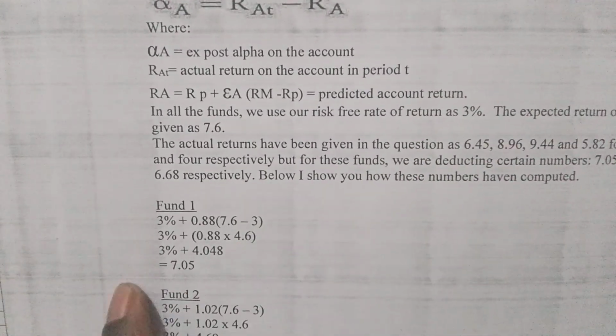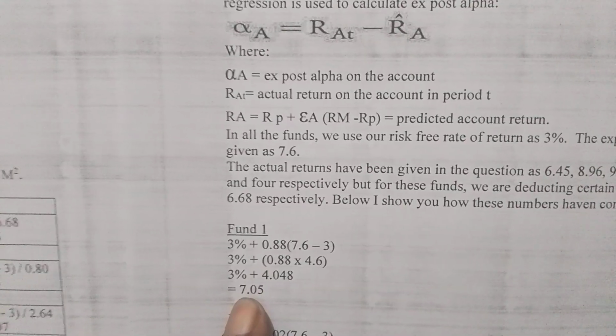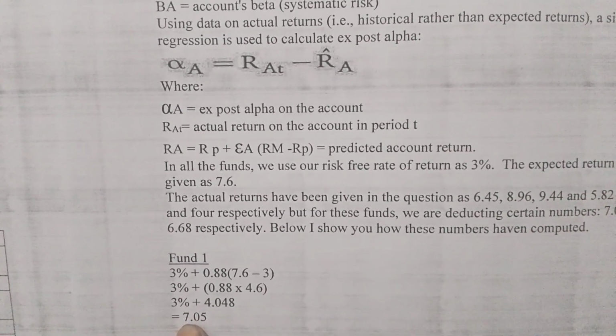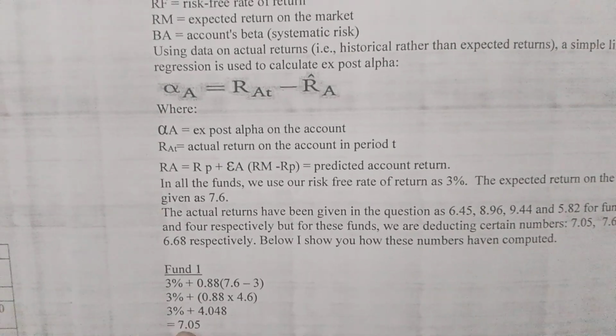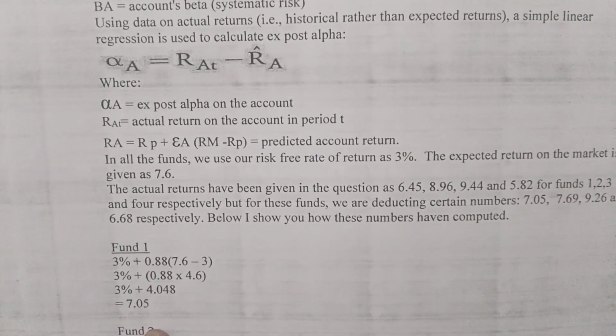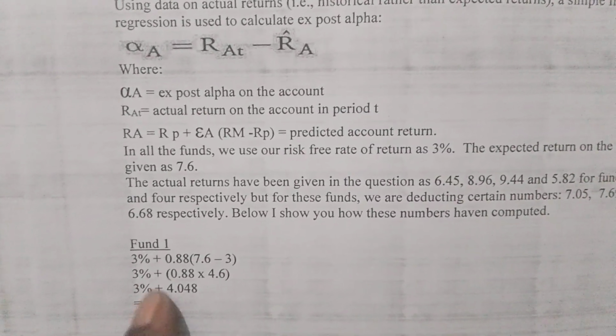So the alpha for fund A is given by 6.45, which is the return, then minus 7.05, and that is how we have gotten 7.05.